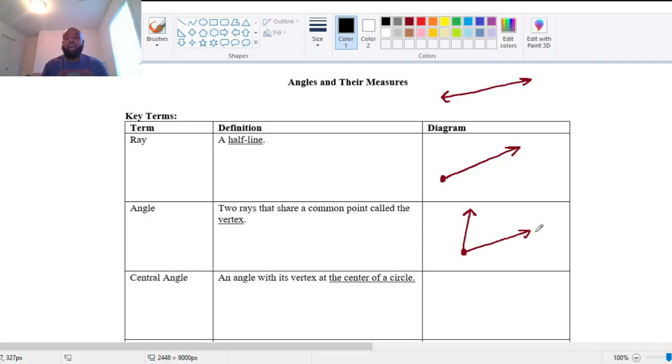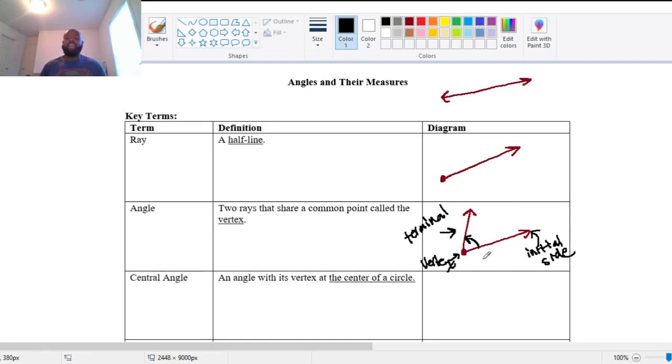We have to identify one ray as the initial side, or the initial ray. And this is the terminal side of this angle. And so the rotation that allows me to get from this initial side to this terminal side is going to be important because that's how we measure angles. And so notice they share this common point here, which we call the vertex.